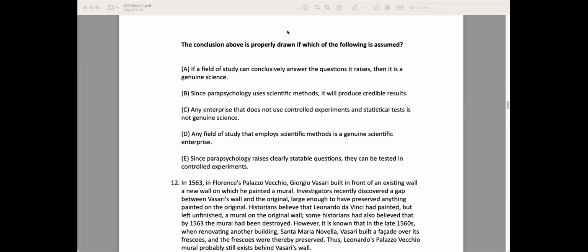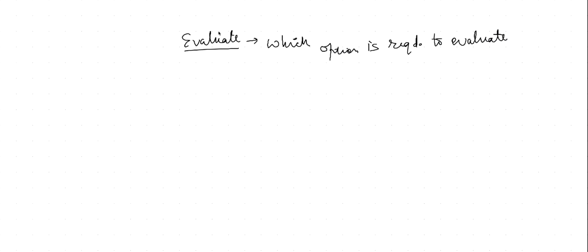Now let's come to another subtopic, which is evaluation. Again, the question prompt would be, which option is required to evaluate the argument or the conclusion?